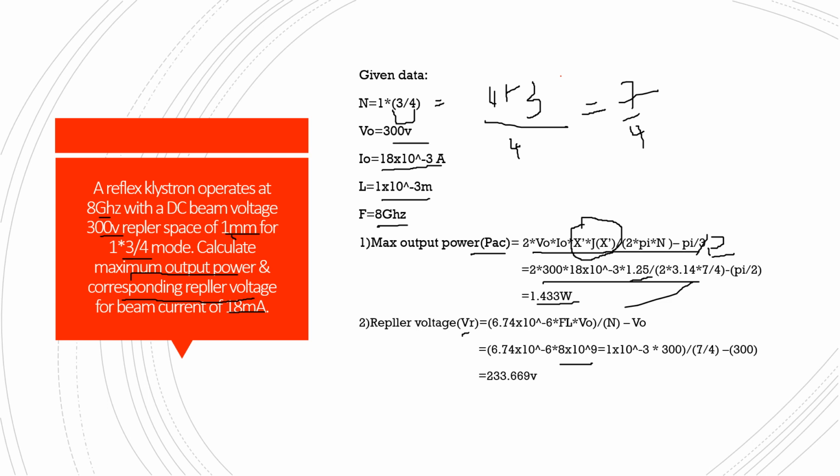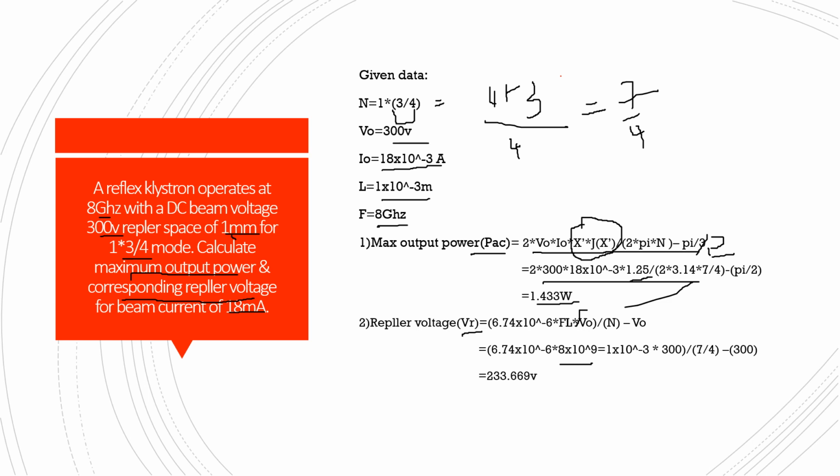The next one to be calculated is the corresponding repeller voltage. Repeller voltage is given as VR. The formula is 6.74 into 10 power minus 6 into f into L into square root of V naught, all divided by n minus V naught.